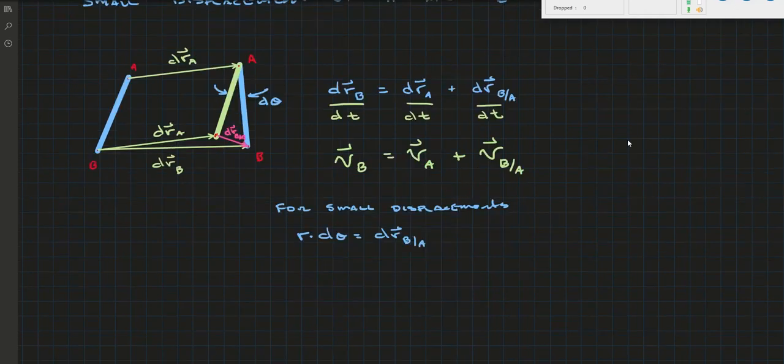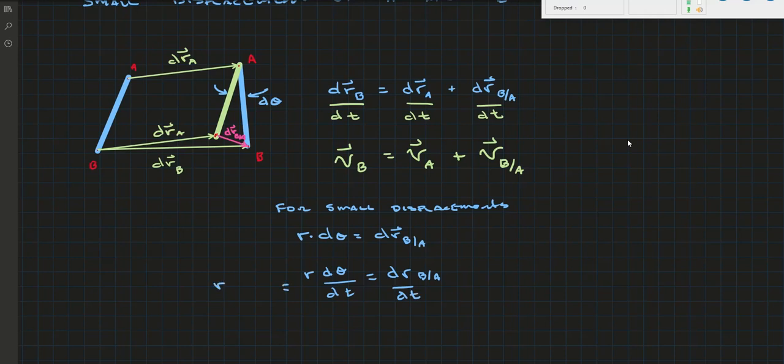So then, since r is constant, if we again take the derivative or divide by dt, essentially we get r d theta over dt, this is not a dot, equals dR of B with respect to A over dt.